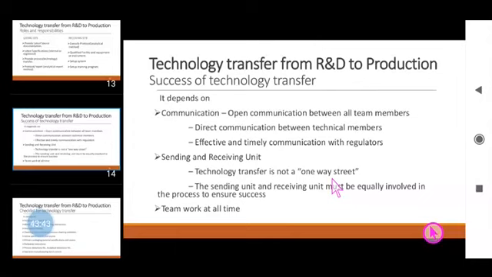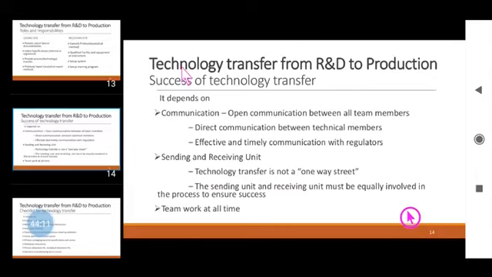Well, one facility will transfer the technology to another facility. The transfer may be between two partners. Those partners have some common interest, and they are business partners.